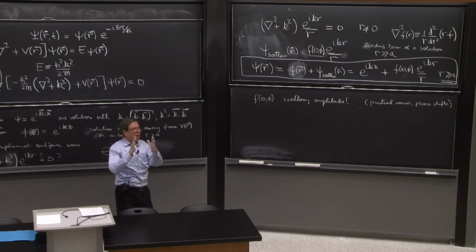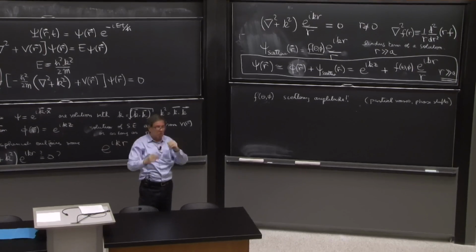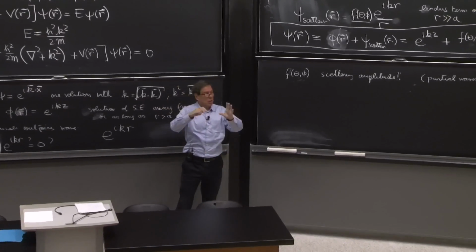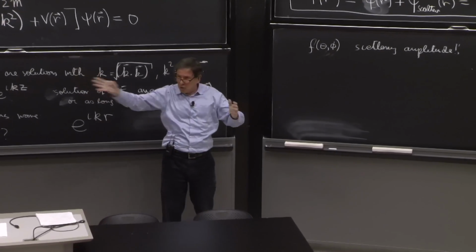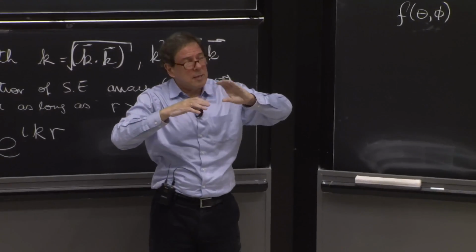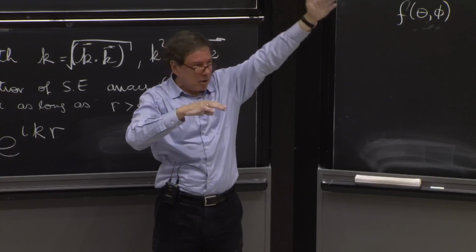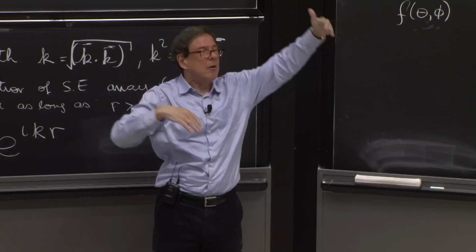It's a way to quantify the effect of the scattering center on the particles. Suppose you have your scattering center and you shoot particles in. Then you can say, okay, let's see with my detectors how many particles go off at an angle theta.